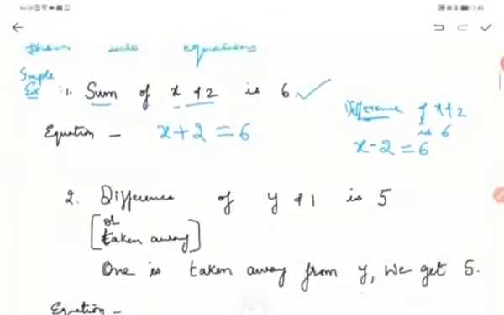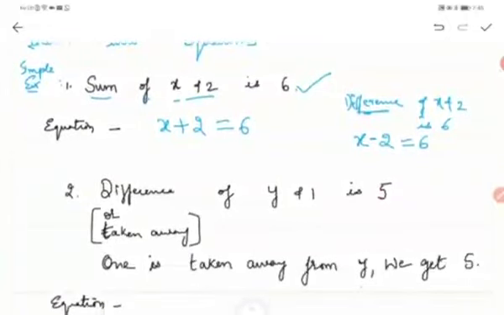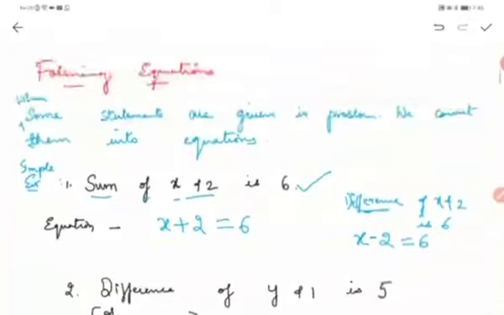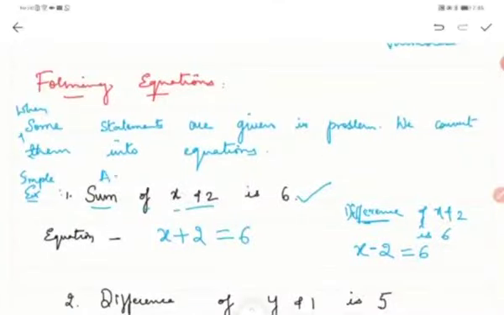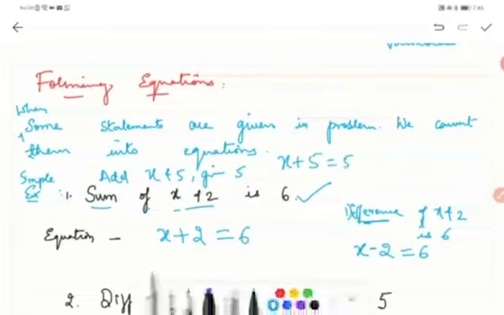Now let's move on to sum, okay? Or they can ask you as add x and 5, which gives 5, okay? That means x plus 5 is giving you 5. So statements will be given something like this. Or further, I have taken different statements.